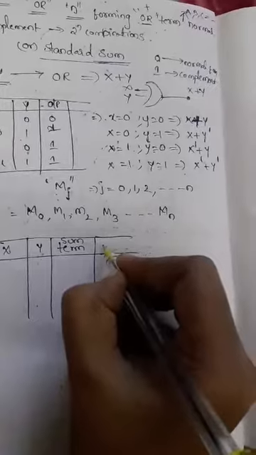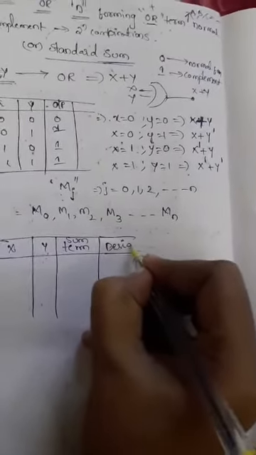Now how to represent two variables of max terms? Here we represent the sum term, and this is the max term designation.